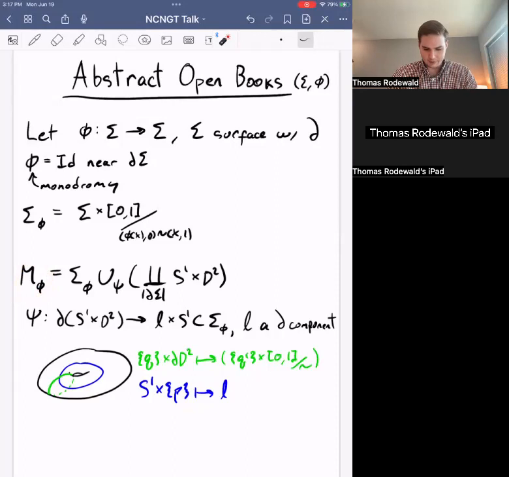What this map does specifically is it identifies the boundary of the solid torus with your boundary component of the surface cross S^1, by sending the meridian of the boundary of the solid torus to some point q' in the boundary component L cross [0,1] with the endpoints identified. And then it sends the longitude S^1 cross p to the boundary component L.